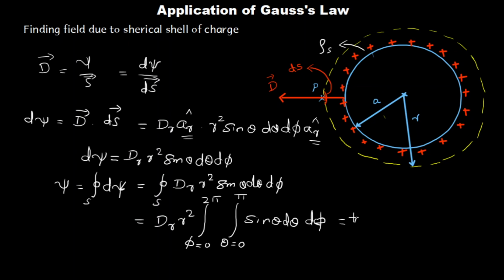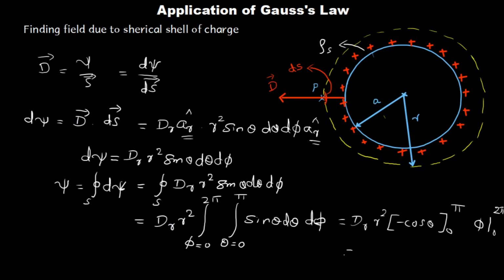If I integrate this, I get Dr r squared times minus cos theta from 0 to pi, and phi from 0 to 2 pi. If I apply these limits, minus cos pi minus, that is plus cos 0, and this 2 pi, this becomes 4 pi.